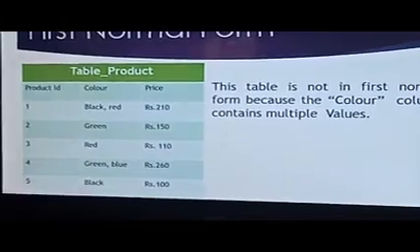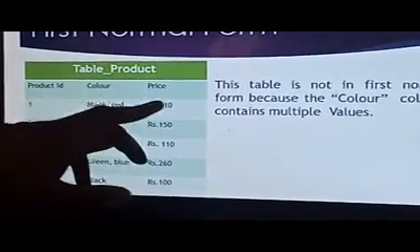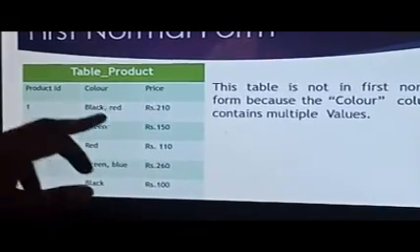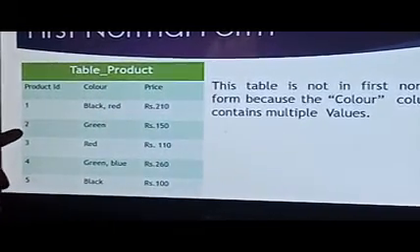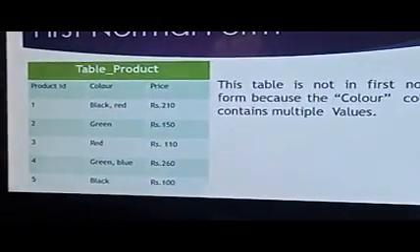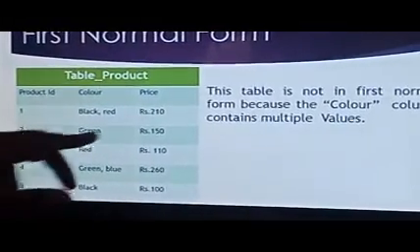So the table will reflect it as 1 black rupees 210, 1 red rupees 210. Similarly, if you have other colors with the same price, let me assume green is also 210, and red is also 210.